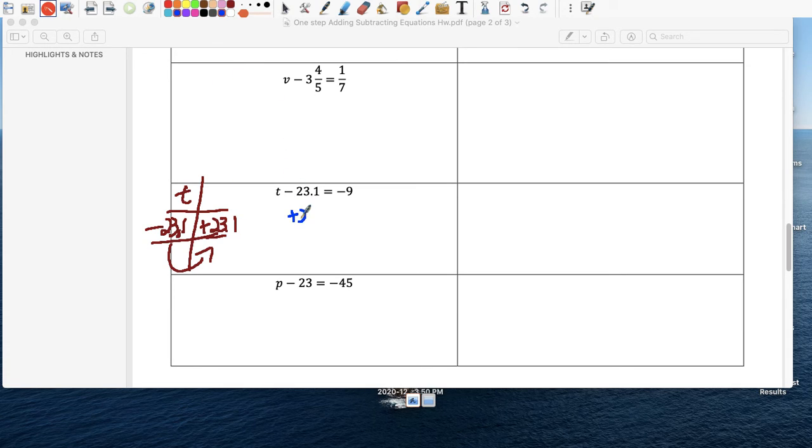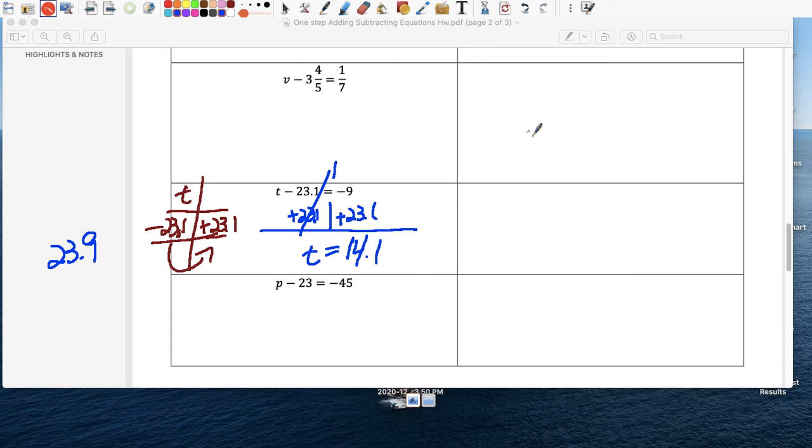So add 23.1. I'm going to add 23.1 on that side as well. Cross it out, that's t. So 23.1 minus 9, it's going to give us, I have no idea, 14.1. There you go.